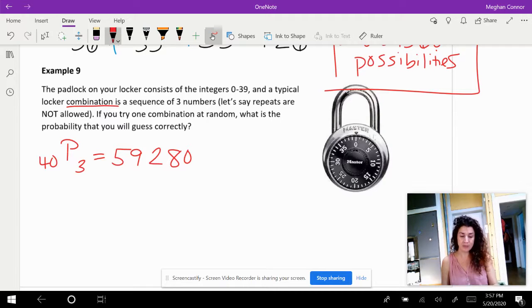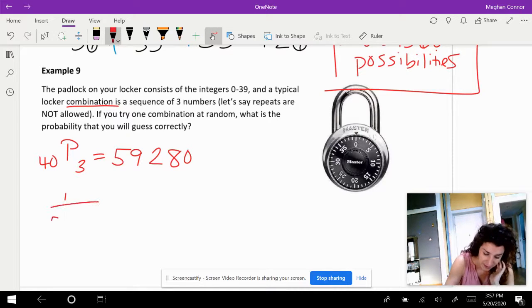So it's asking us, if we choose just one combination, what is the probability that you will guess correctly? 1 out of all of those different options would be 1 over that number.